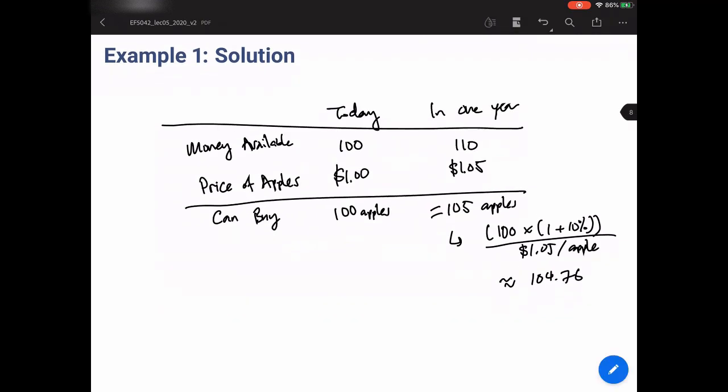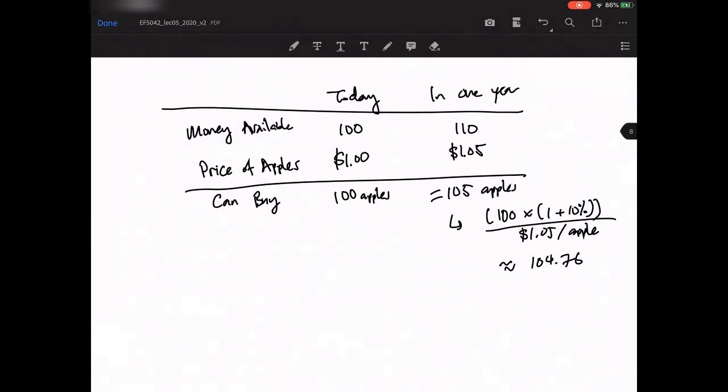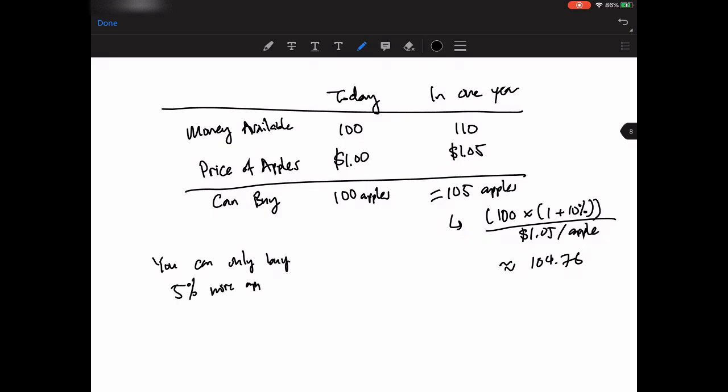All right, so what is our conclusion here from this exercise? The conclusion is that you can only buy 5% more apples, right? Not 110% more apples, because the price of the good has increased. So you are only 5% better off and not 10%.